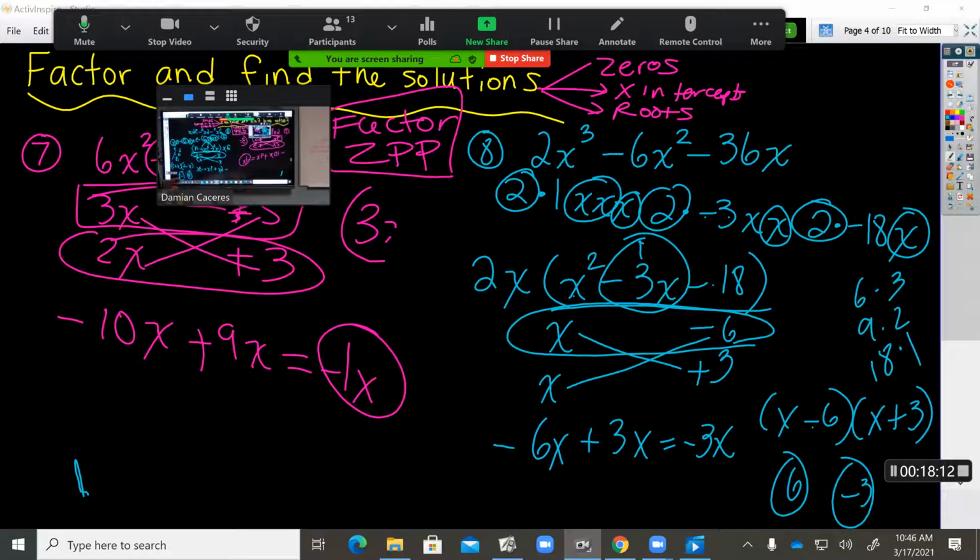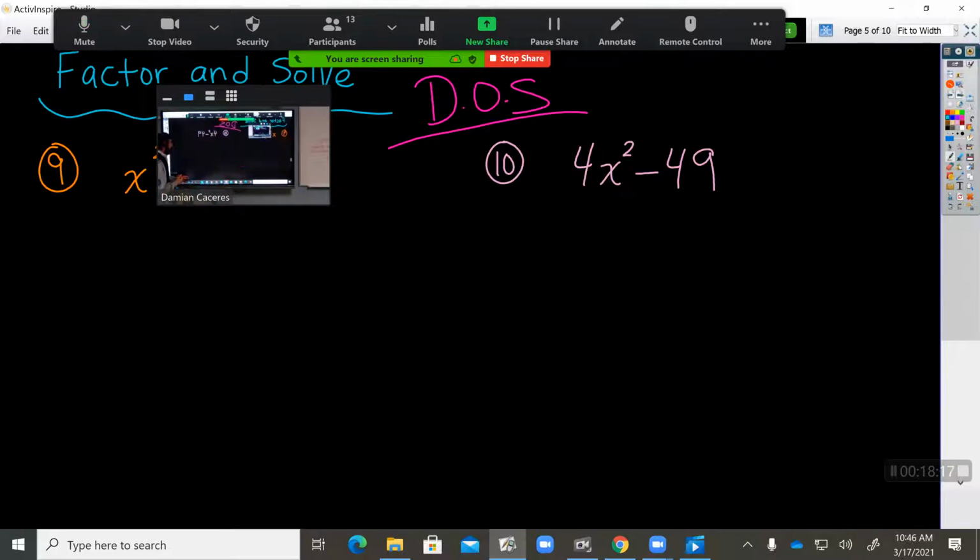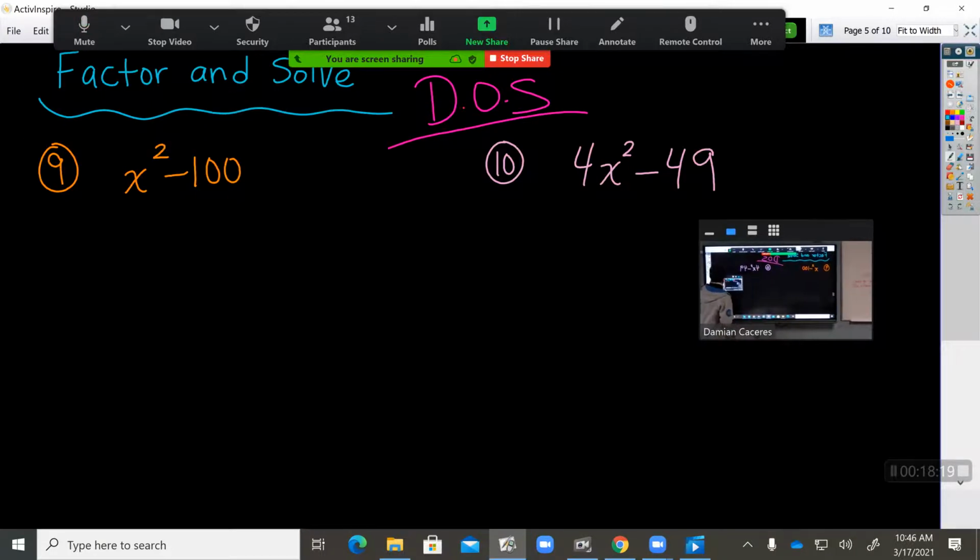So, let's move on to difference of squares. We already kind of got that started. Before I show you difference of squares, look at this example here. X plus 3, x minus 3. If you have the same thing on both sides, but the only difference is the sign, plus and minus, then watch what happens to the middle term when I distribute.